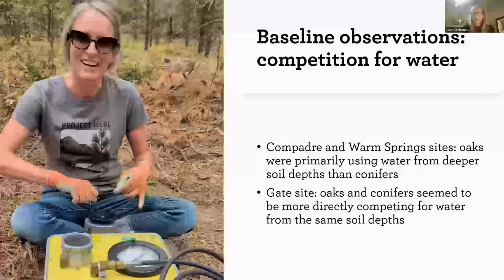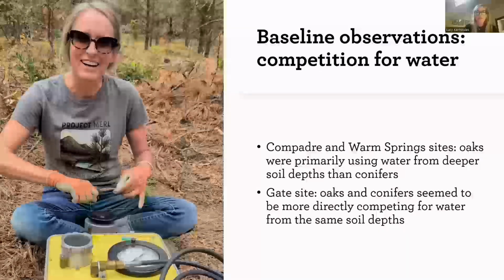Great. And so here, in addition to doing physiological measurements of gas exchange and water status, we also used stable isotopes in the water of our study trees. We sampled little twigs, extracted the water from these twigs, and looked at the isotopic signatures of those water samples. One of the questions being, if you have conifers and oaks coexisting, the conifers could be shading the shade intolerant oaks, but are they also competing for water with the oaks?